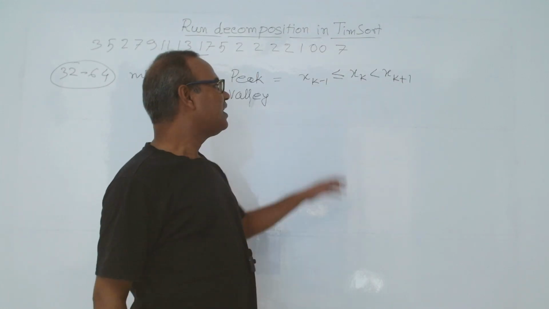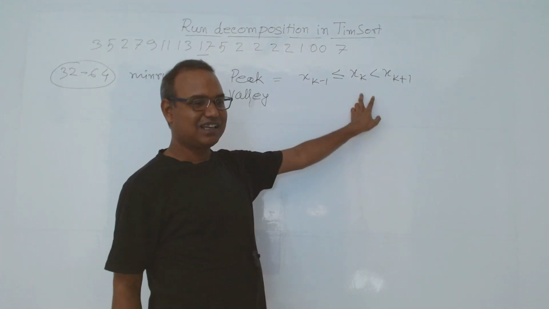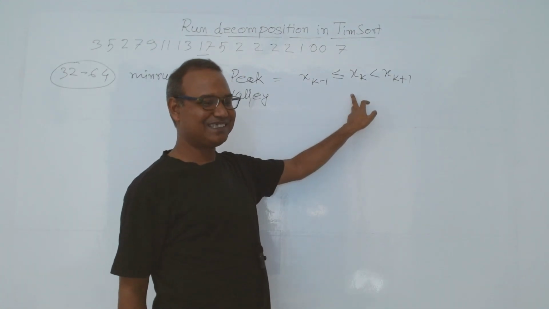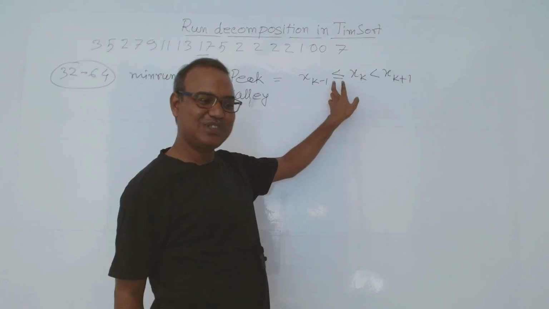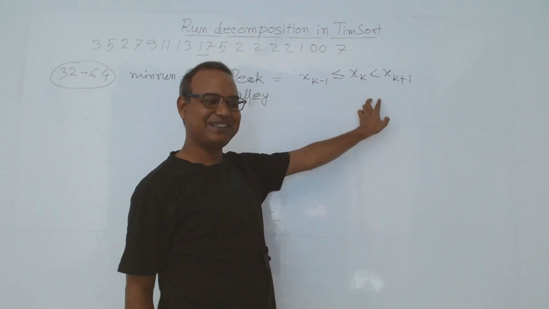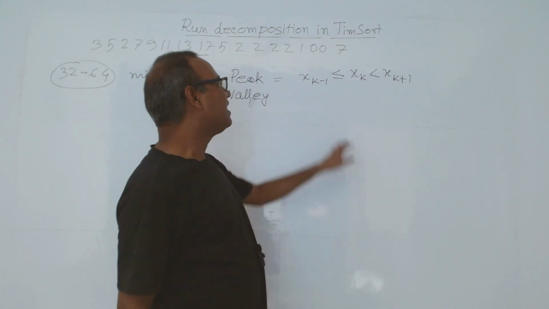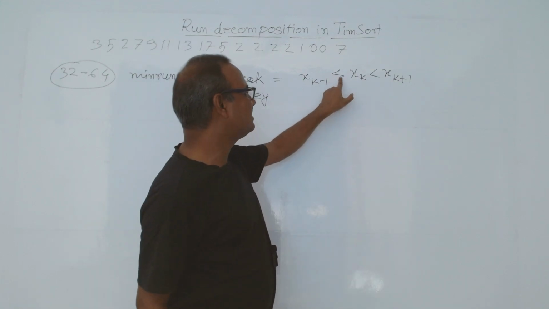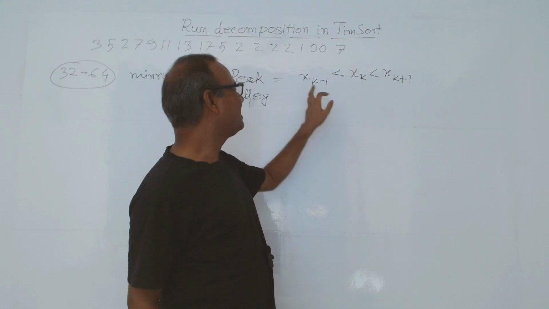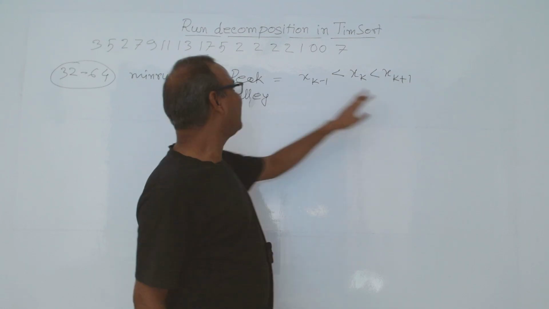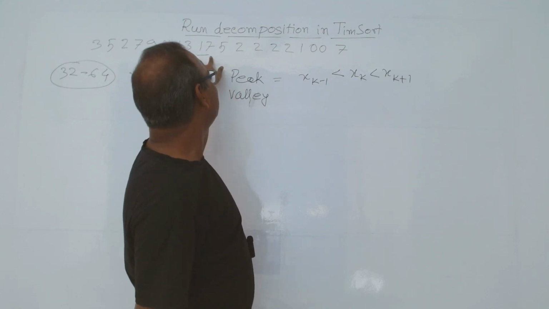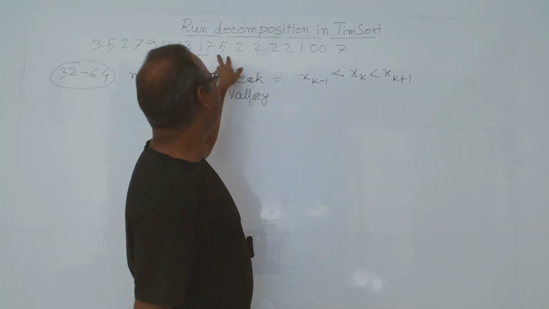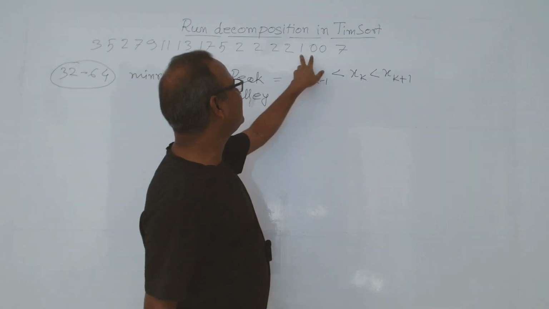Okay, so I have written this. Now there is a lot of confusion in many versions about where to take the equal to. Should we include equal to, or should it be strictly less? Okay. For the time being, let's omit the equality. Now it looks like a perfect peak and it satisfies the definition. So now after 17, 5, 2, 2, 2, 2, 2, then 1, 0, 0.